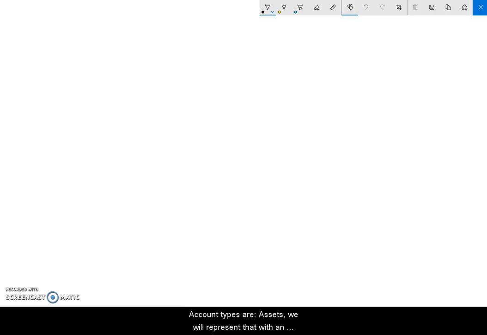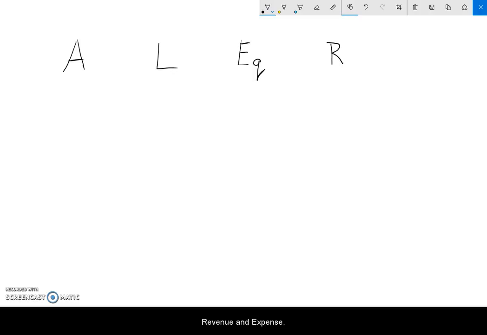Account types are assets, we'll represent that with an A, liabilities, an L, equity, revenue, and expense. Think of each of these this way.